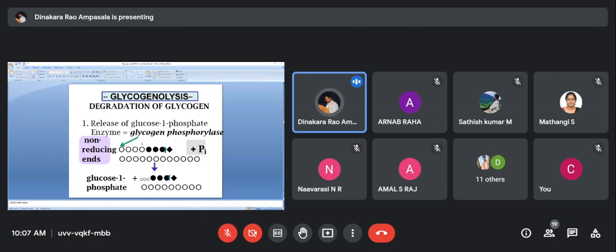They interact with this end sugar and remove the sugar molecule from the glycogen structure as glucose 1 phosphate. It uses inorganic phosphate to cleave and create glucose 1 phosphate. Okay, the enzyme is glycogen phosphorylase, not pyrophosphorylase, glycogen phosphorylase.